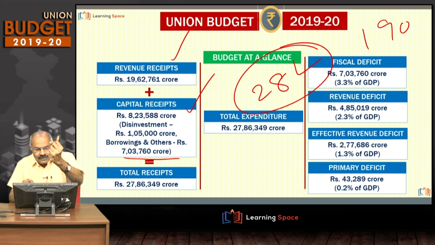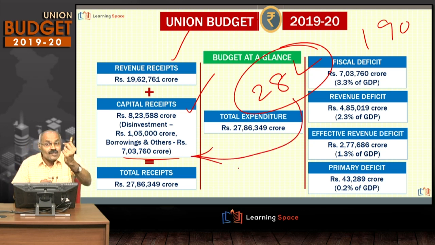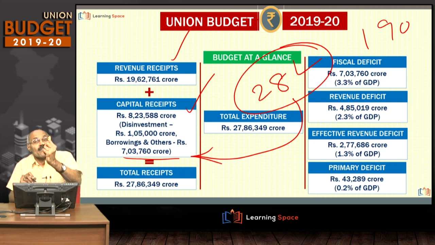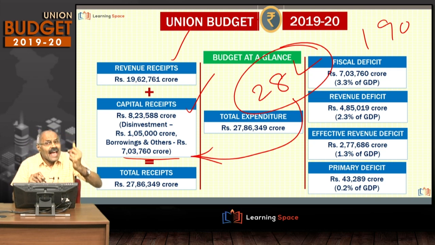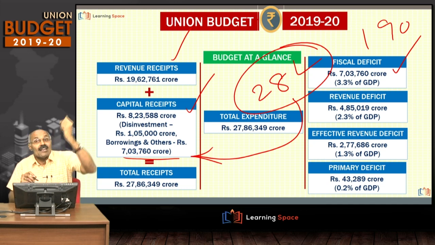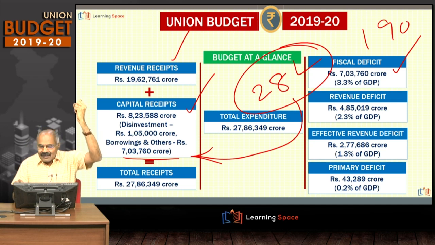Right friends, out of this 28 lakh crores of expenditure, around 7 lakh crores, please listen carefully, is borrowings and other liabilities. What we call this fiscal deficit. Fiscal deficit is around 7 lakh crores out of total expenditure of 28 lakh crores. This is percentage of GDP. If you calculate, 3.3% of GDP is expected for 2019-20, right?